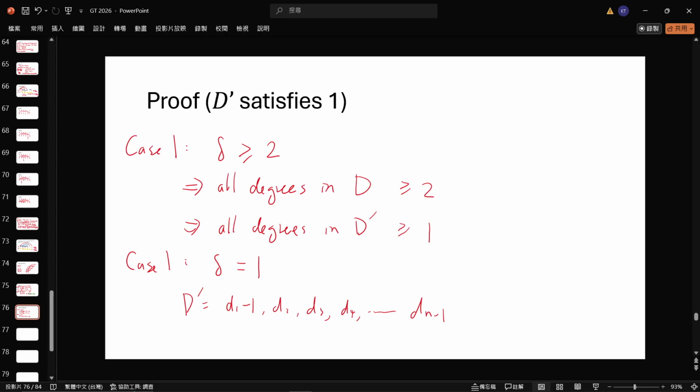Because we only need to find one neighbor for the smallest degree vertex, only the first, or the highest degree, is decreased. So is it possible that this degree sequence contains 0? Apparently D2, D3 up to Dn minus 1 cannot contain 0 because we do not change the degree. So we only need to consider D1 minus 1.